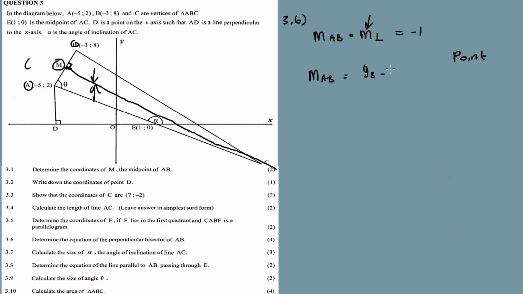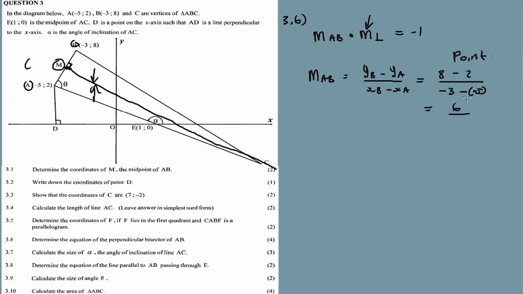So it's yB minus yA over xB minus xA. yB 8 minus yA 2, divided by xB -3 minus xA -5. So you get 6 on top.